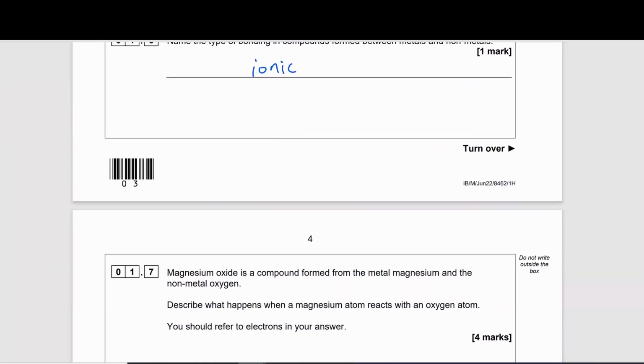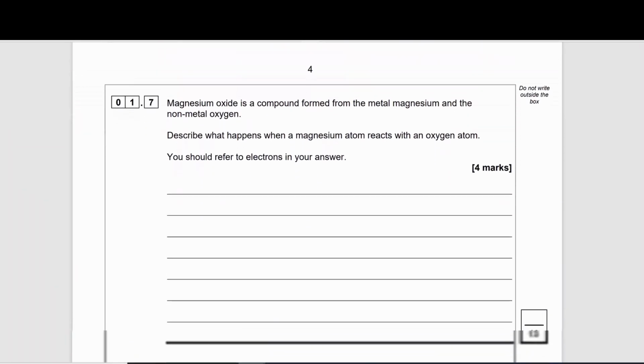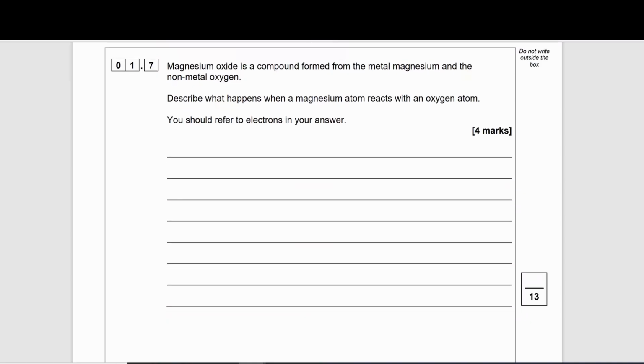Question 1.7. Magnesium oxide is a compound formed from the metal magnesium and non-metals oxygen. Describe what happens when a magnesium atom reacts with an oxygen atom. You should refer to electrons in your answer. So once again, we need to focus on electrons.